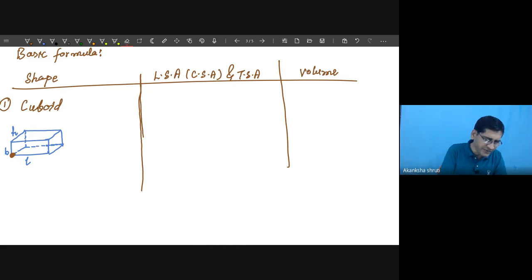Your opposite surface is like this one. Observe carefully. Sorry, the opposite surface is like this one. It is this one. Are you getting? Now, keep in mind, if you are considering this vertex, it is not at the maximum distance.